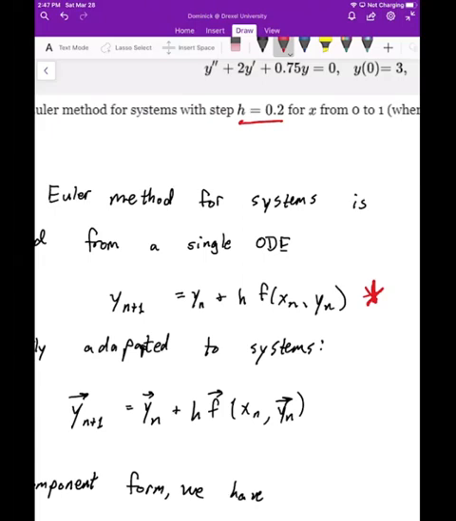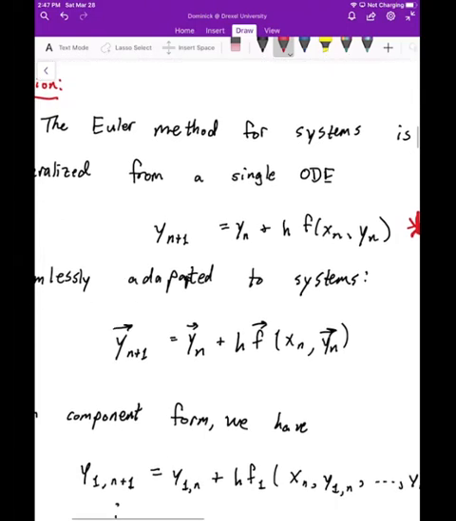In order to get y sub n plus 1, you would take yn and then add h times your f, or your derivative at the previous point. We can easily adapt this to systems as long as we now take our vector yn plus 1, vector yn, and our vector of f equations.